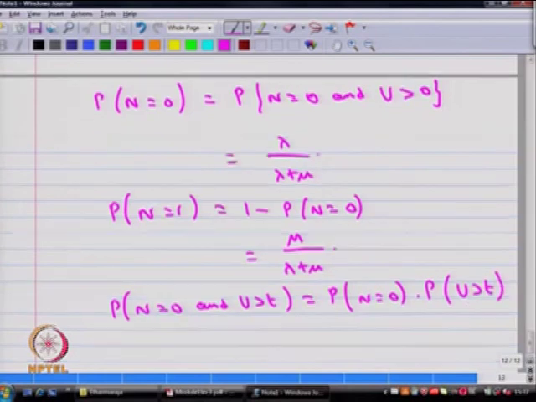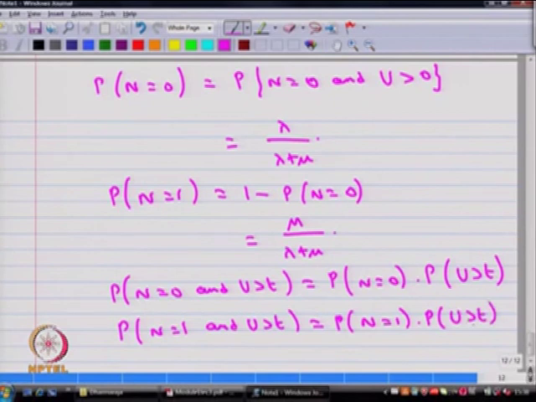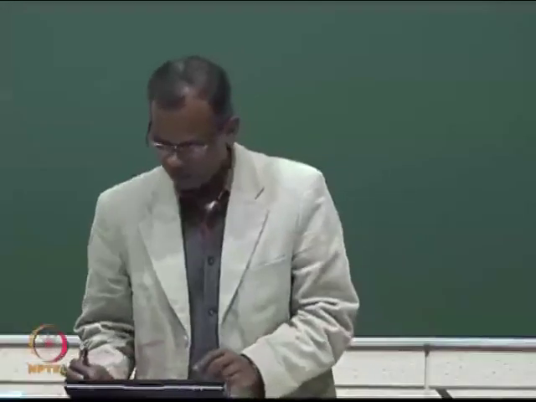Similarly, we get the observation probability of N equal to 1 and U greater than t, that will give probability of N equal to 1 multiplied by probability of U greater than t. So, hence N and U are independent random variables. So, this example is useful in birth death processes. Therefore, I am explaining this problem as an illustrative example.